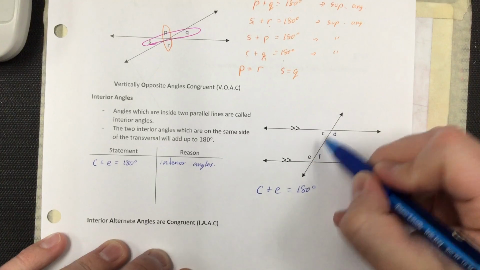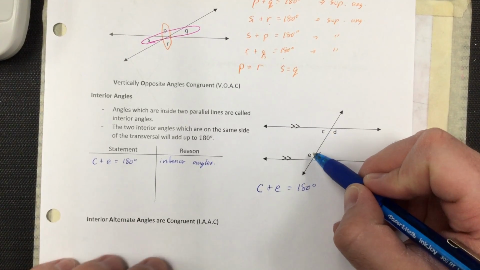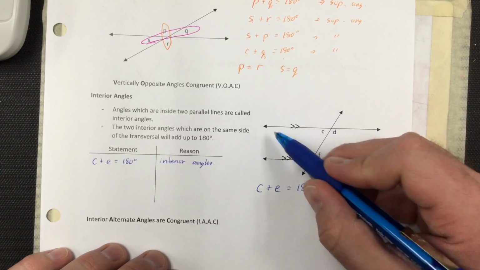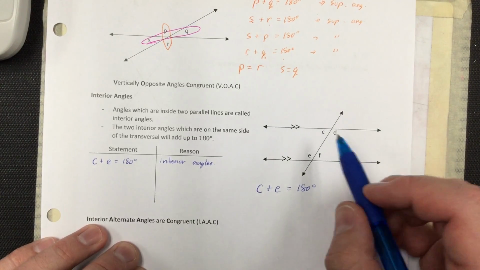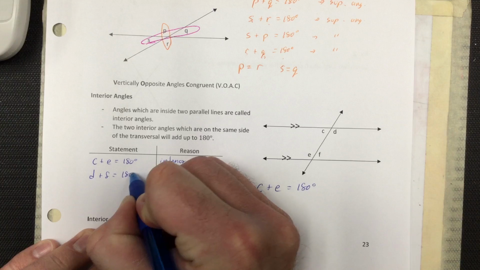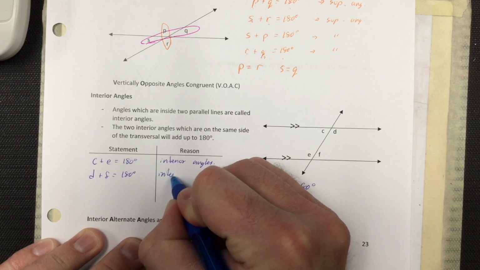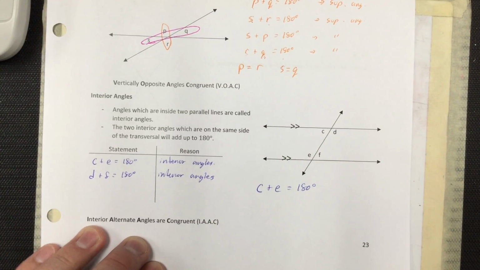If we have common interior angles here, these two have to add up to 180 degrees, again based on a transversal going through two parallel lines. We also know that D plus F, based on the same property, are also interior angles, and they also have to equal 180 degrees.